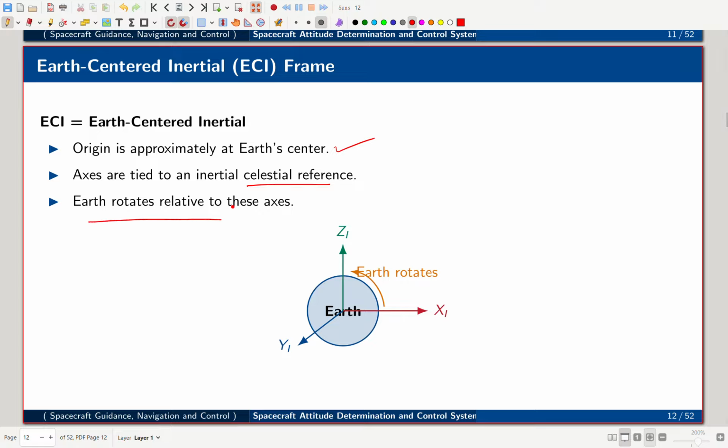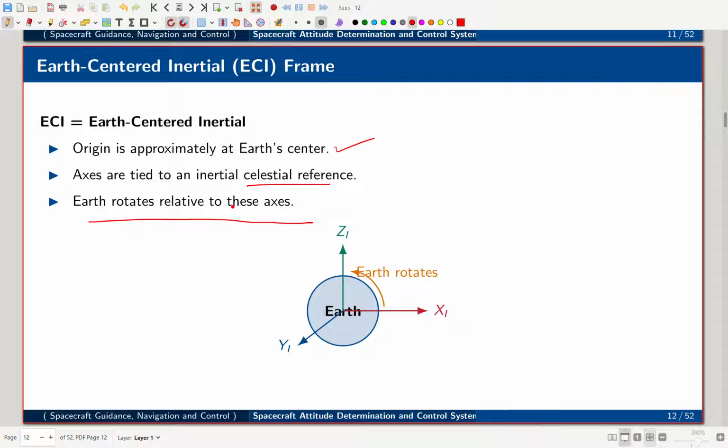Okay, so the Earth rotates relative to these axes. That's very important. So once the Earth rotates, this frame also rotates, right?